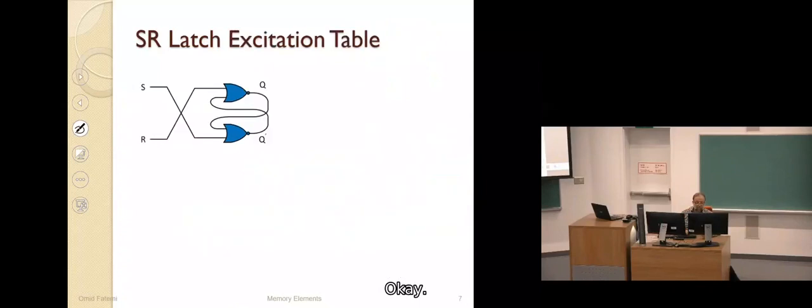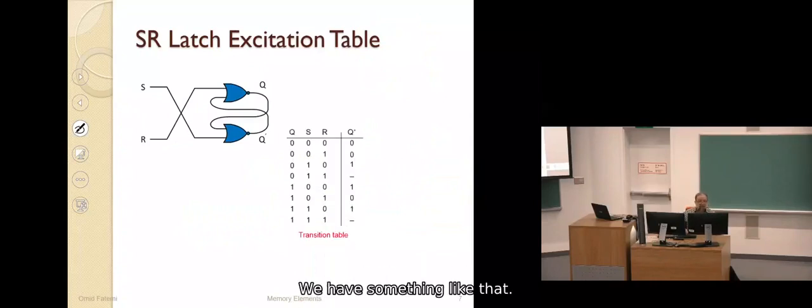Okay. So if we want to write the truth table, we call it here an excitation table. We have something like that. So this is the transition table. Look at here carefully. When S and R are 0 and Q is 0, the next state is also 0.